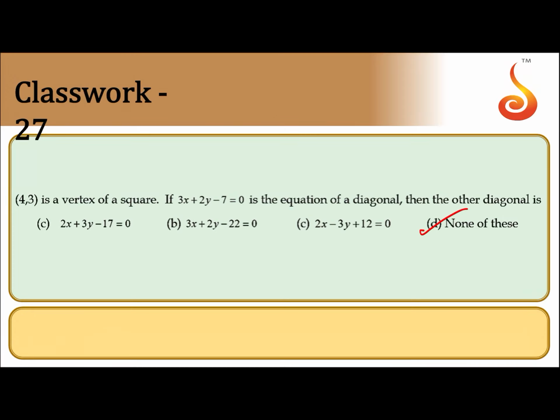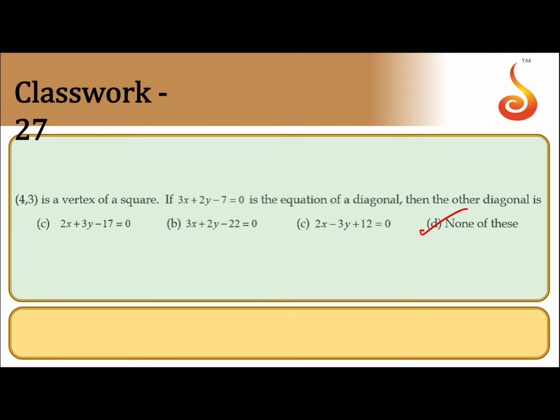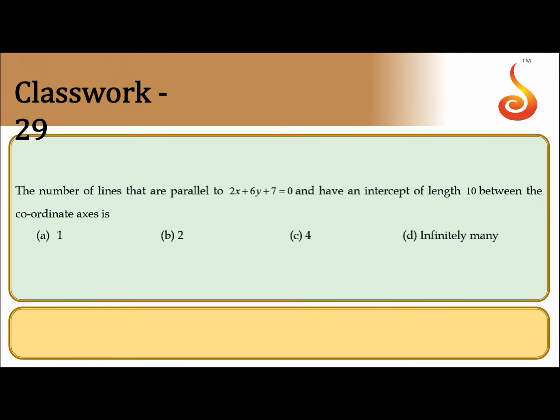Yes, none of these is correct, because none of these is given to you. So 9 minus 8 is plus 1, you are getting it. So the answer is none of these. You need to be very careful, and evaluate and then re-verify once again.